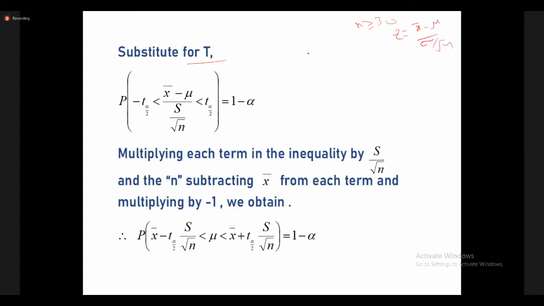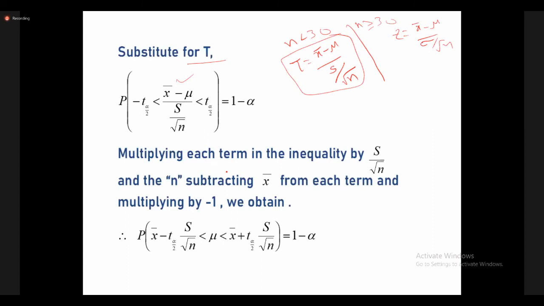For small samples, n less than 30, in that case we'll use the T. T is equal to X bar minus mu by, instead of the population standard deviation, we'll use the sample standard deviation, that is S, S by root n. So we are just substituting that value here.